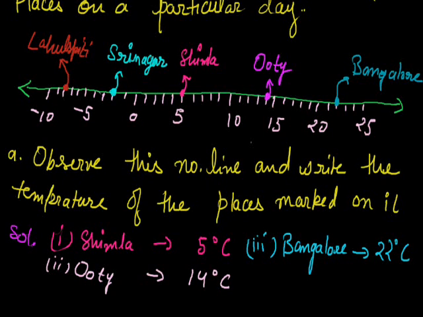Now we come to the negative side of this number line. From here -1, -2, -3, -4 and this is -5. So if we have to see the temperature of Srinagar, we have to count the division. So first division, second division. This means the temperature at Srinagar is -2 degree centigrade.